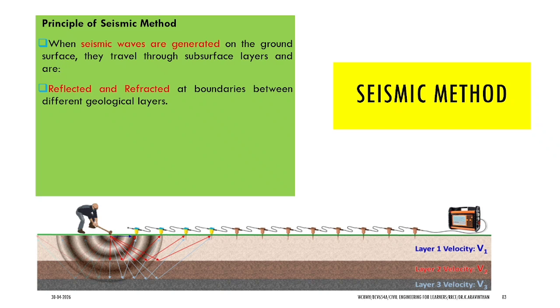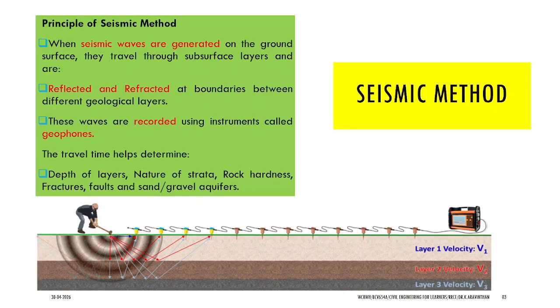Similar to electrical resistivity, you have two methods, reflected and refracted seismic method. In the reflected method, immediately after each and every layer, the waves are reflected and taken. In the refracted method, after traveling a distance, the waves are taken by refraction. Now, the waves are recorded using instruments called geophones.